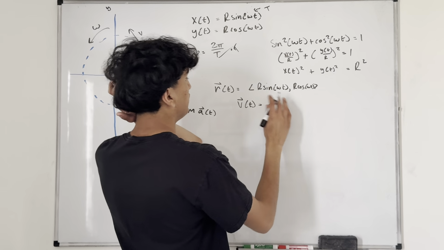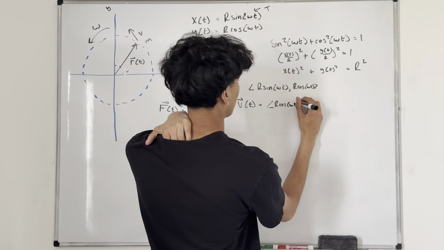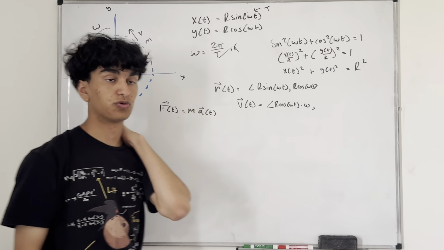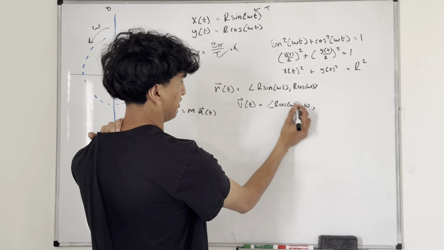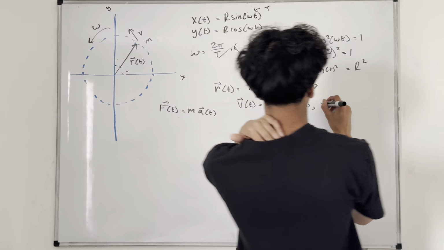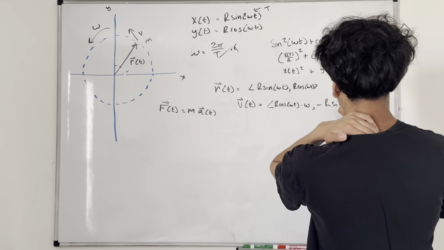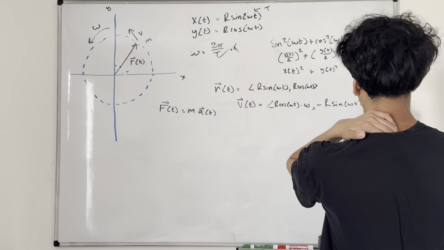So it would be r cosine, because the derivative of sine is cosine, omega times time, and then multiply by omega, by chain rule. You take the derivative of the outer and multiply by the derivative of the inner function. Same thing here, so we would get negative r sine omega times time, and then multiply by omega.